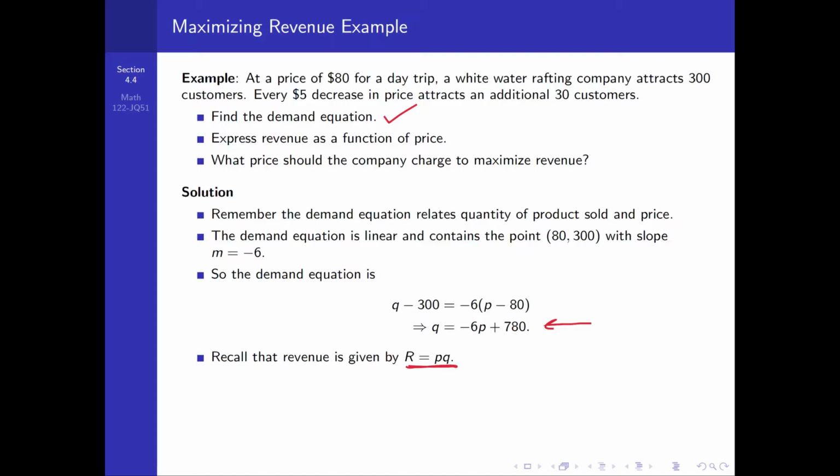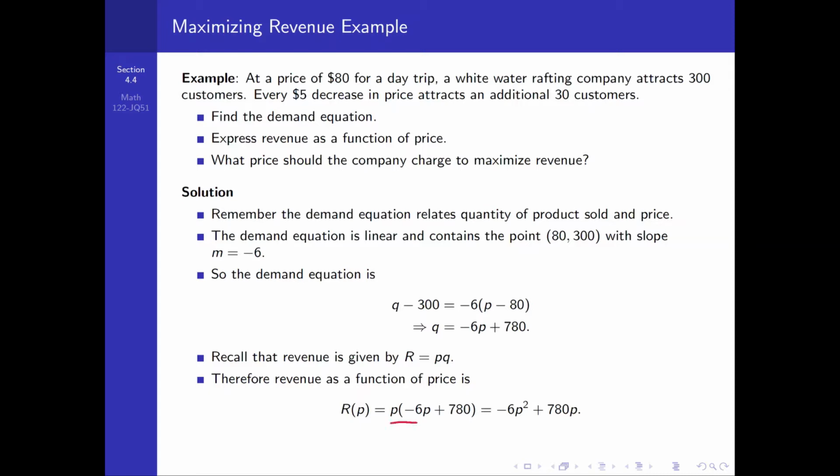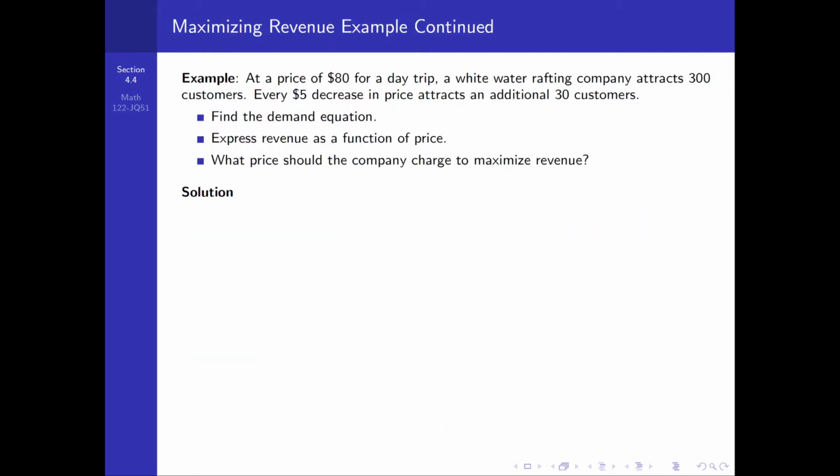So we can use that to substitute in for Q in this expression for revenue. And we get that revenue as a function of price is equal to P times the quantity (-6P plus 780). And we can expand that and get -6P squared plus 780P. So that answered the second part of the question.